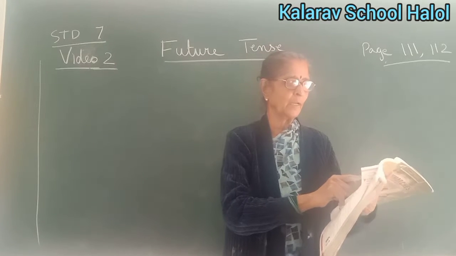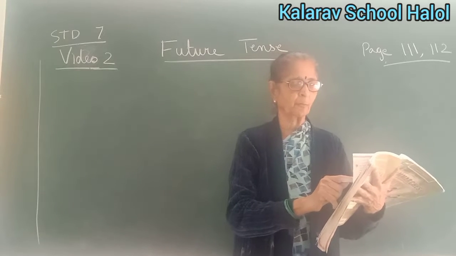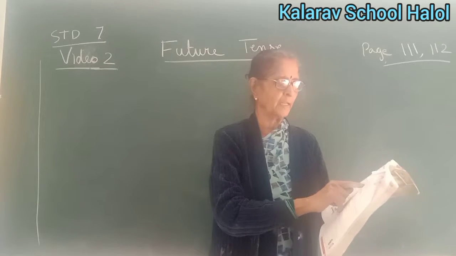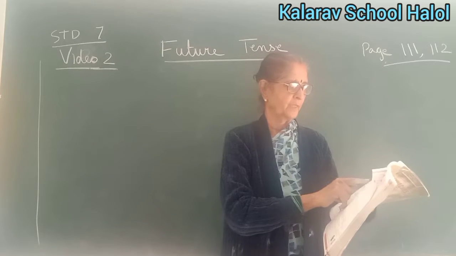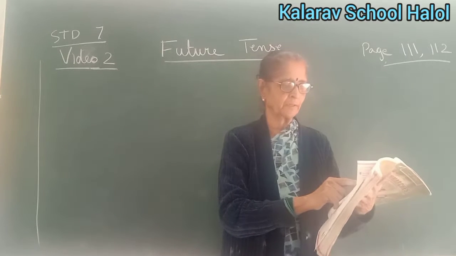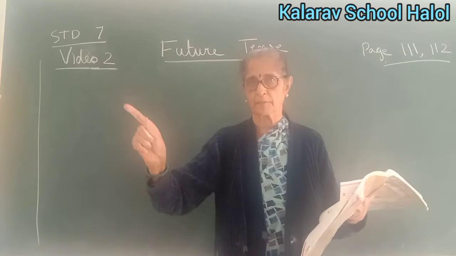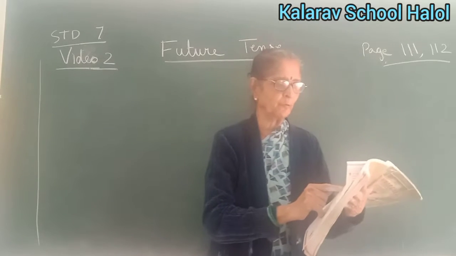Second, the clown will have performed at the circus before the acrobats come in. Then third one, the tailor will have stitched her dress by tomorrow. The woodcutter will have cut. Now see children, the forms of cut is cut. Okay? Logs of wood before night sets in.